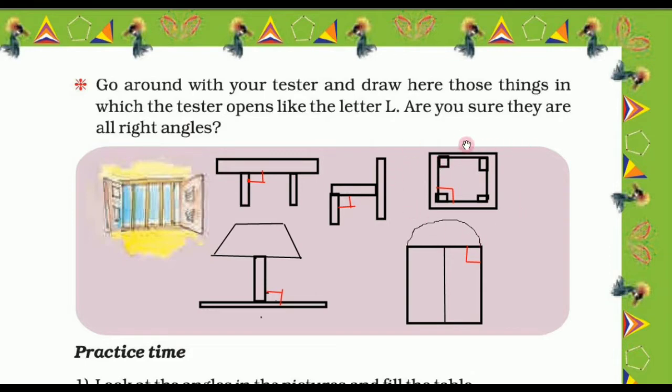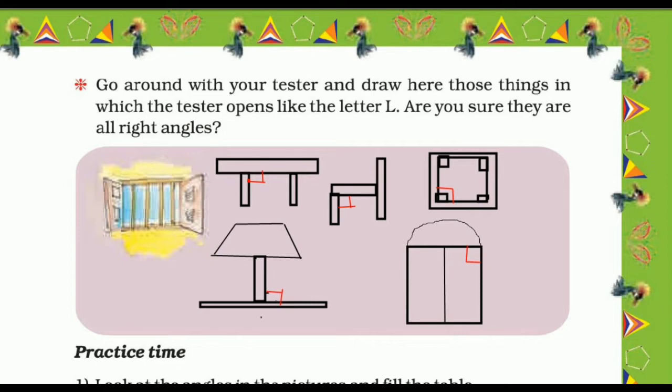In the carom board, the tester opens like the letter L. In the night lamp, here it opens like the letter L. In the door or in the cupboard, here also it opens like the letter L. So we are sure they are all right angles because the tester opens like the letter L. So these all are right angles. Do you understand, children?